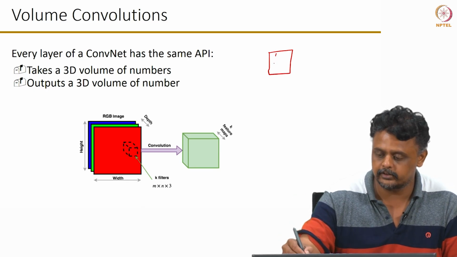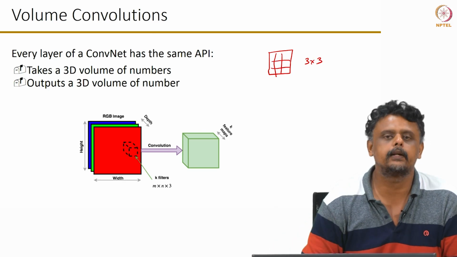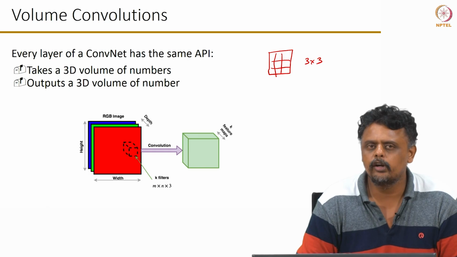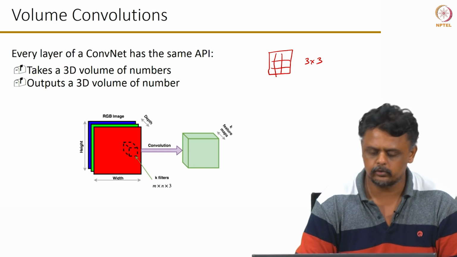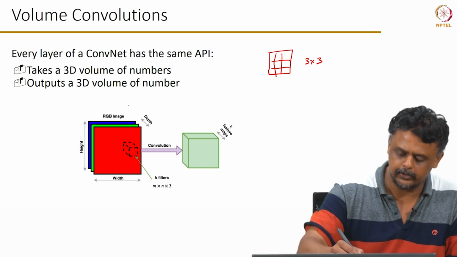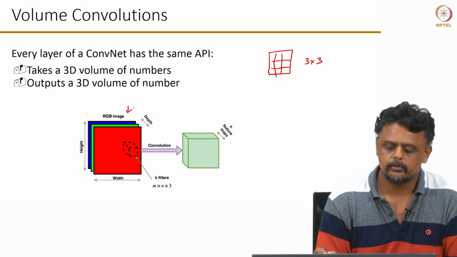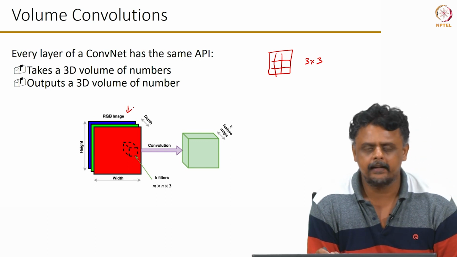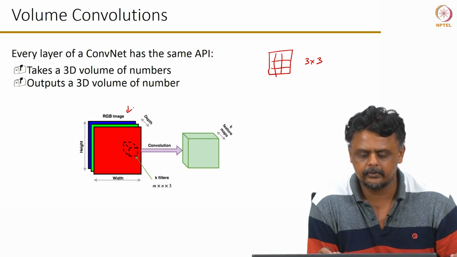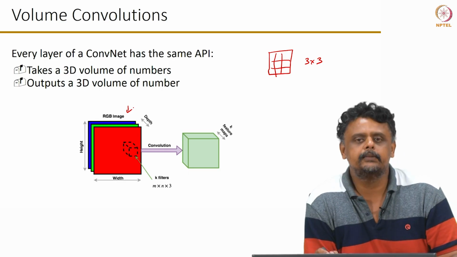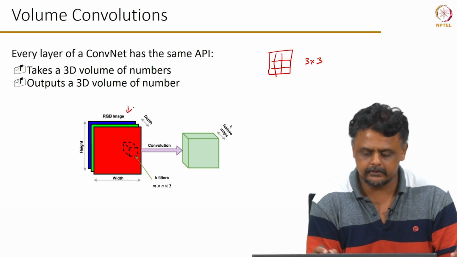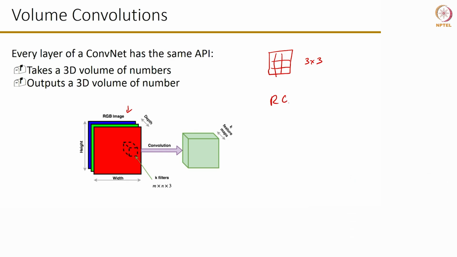For instance, this is a 3 by 3 filter kernel, fx and fy. So, what do we mean by volumetric convolutions? How does it work? Let us take this particular example. Let us just look at the input layer, it generalizes to all layers. The input layer is an RGB image, so the input has 3 channels.